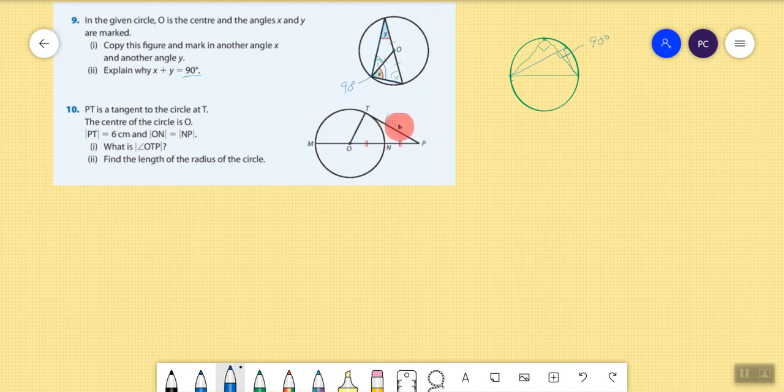And O to N, which is this point here, is equal to N to P. So the length from here to here is equal to the length from here to here.